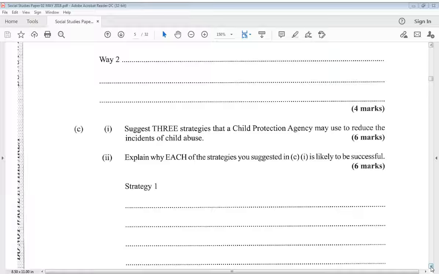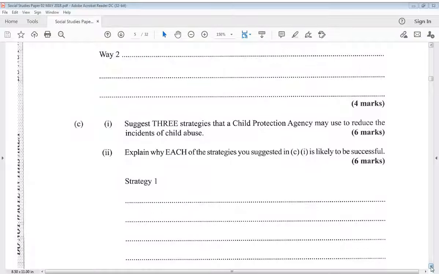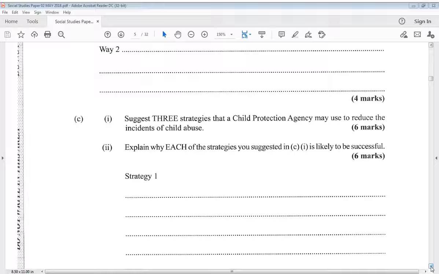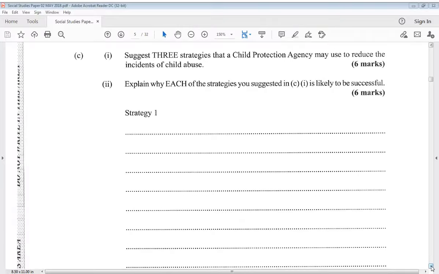Now, strategy number one. The Child Protection Agency can have an educational campaign through the use of media. In explaining, what do we mean by that?